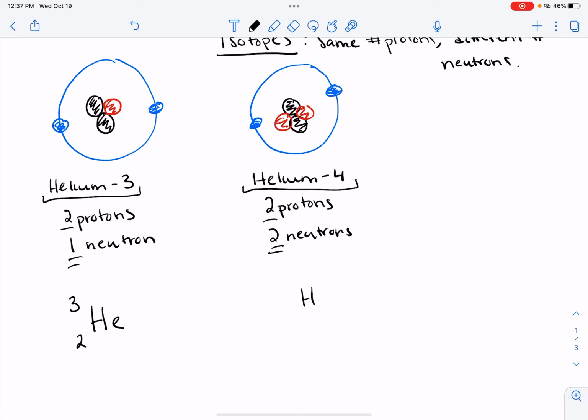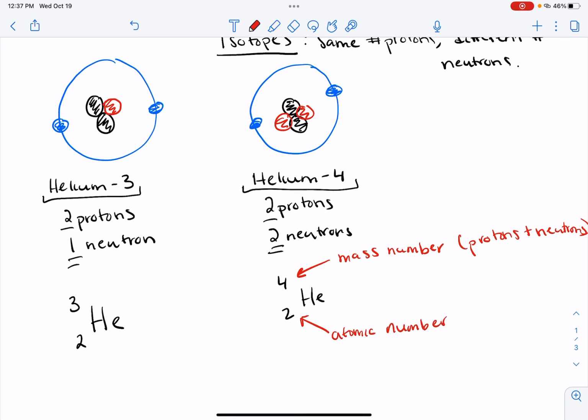And this would be helium, 4 on top, 2 on the bottom. And again, that 4 represents the mass number, which is the protons plus neutrons. And the one on the bottom is our atomic number. And so that's just the protons.